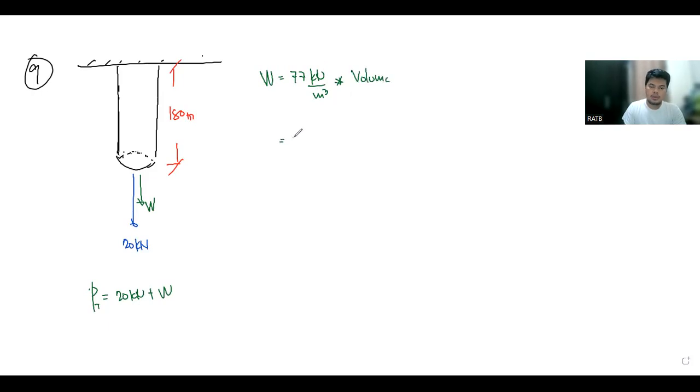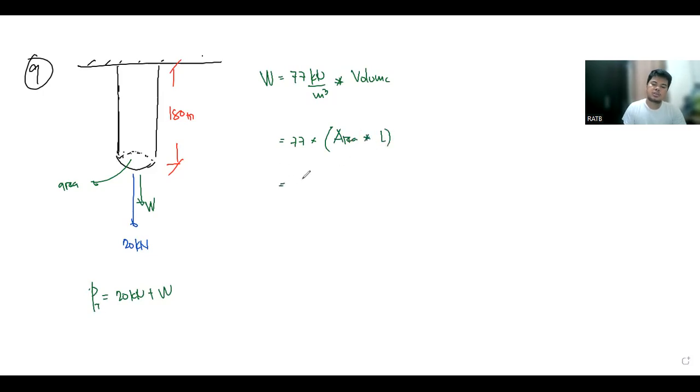So the volume can be calculated as the area times the length.